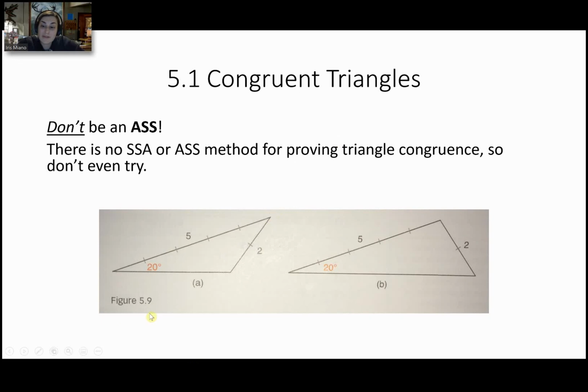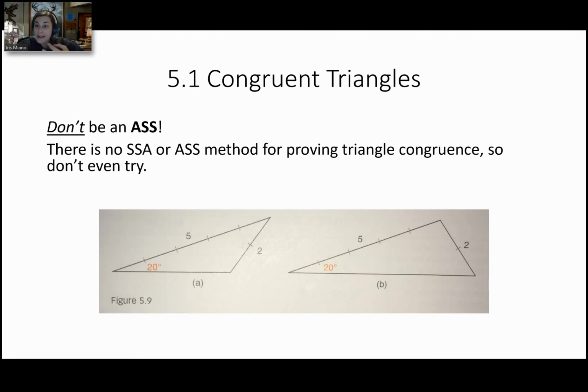And here in figure 5.9 is one case in point. It's a counterexample, right? It only has to be shown that it doesn't work one time to convince us as mathematicians, geometers, that we're not going to rely on this as a mechanism for proving triangle congruency.